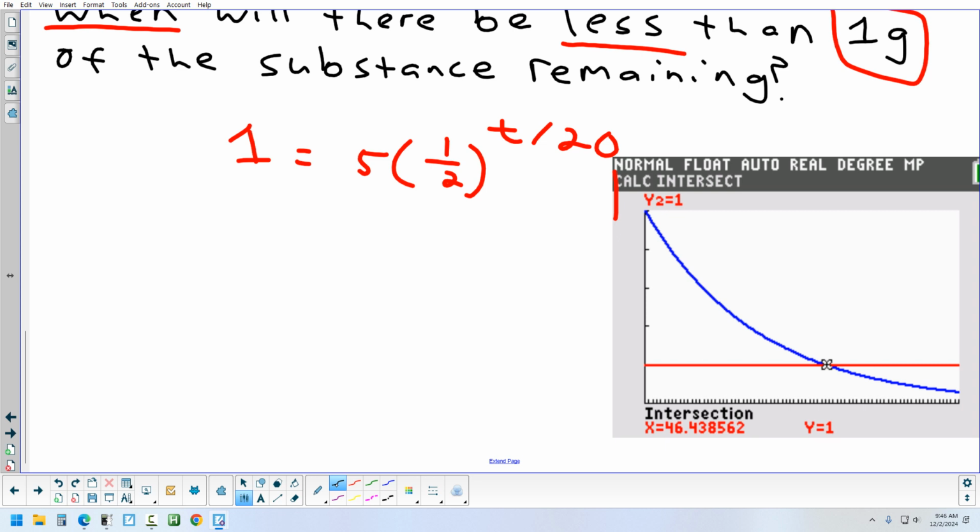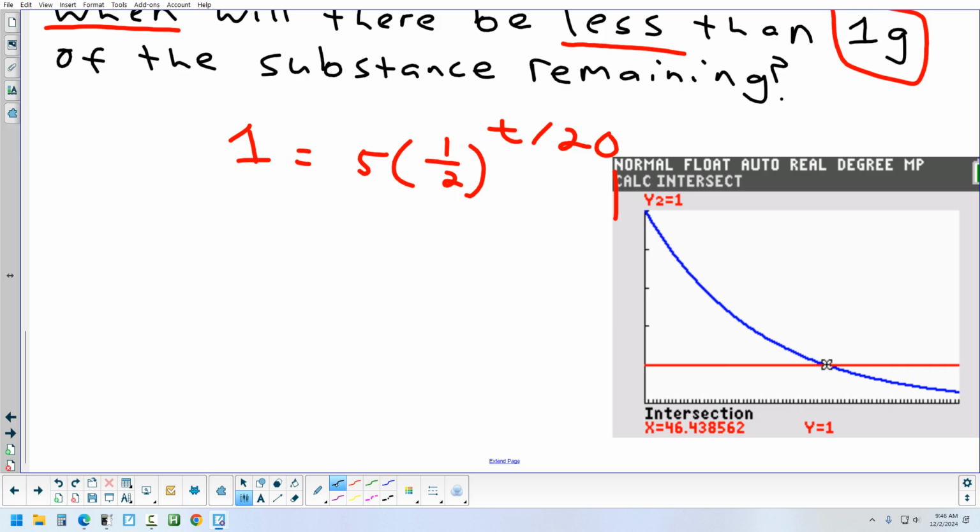How many days have to go by to make sure that we are less than 1 gram remaining? Well, we'll round to 2 decimal places there. But we have to be careful how we write our answer. 46.44.